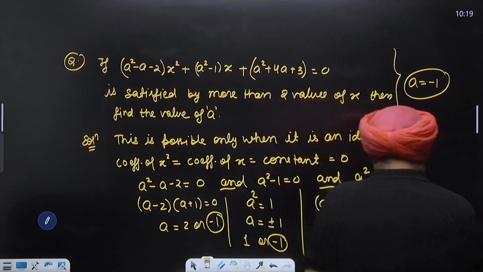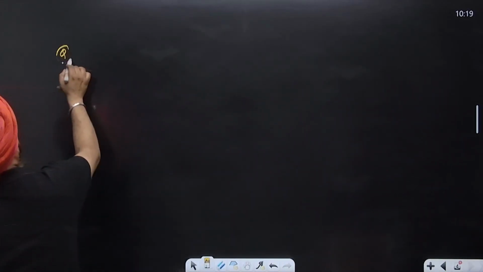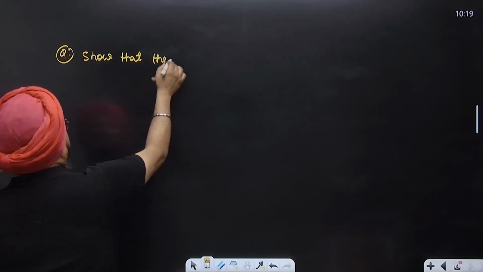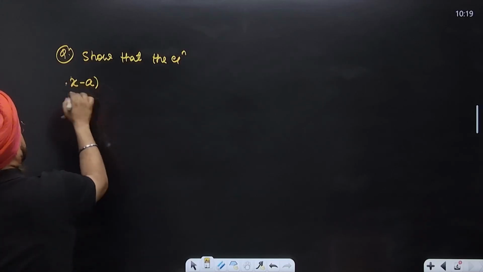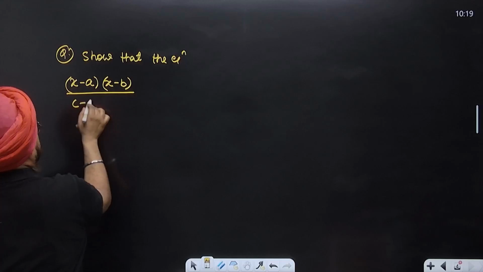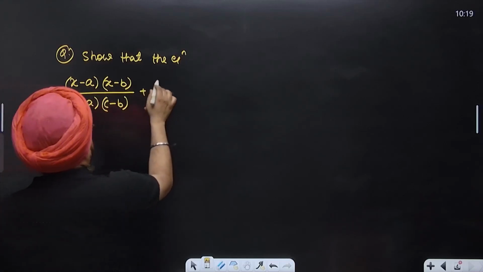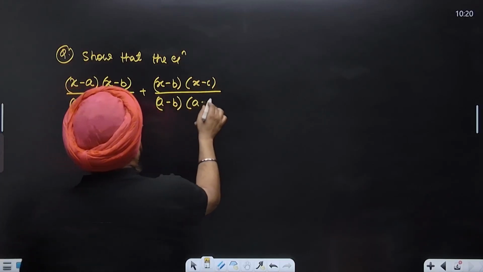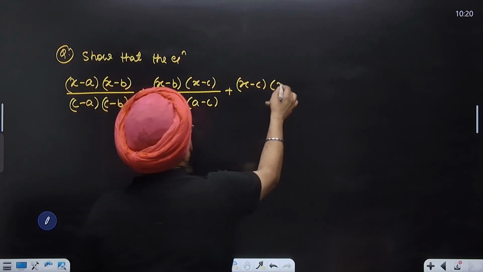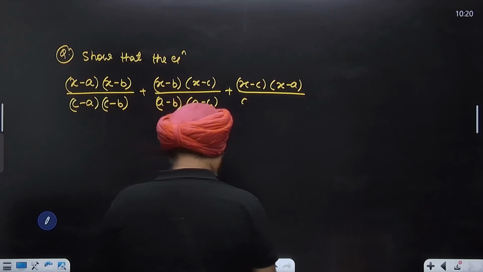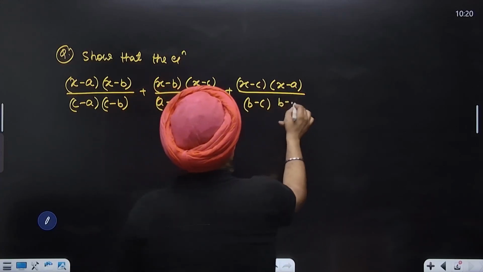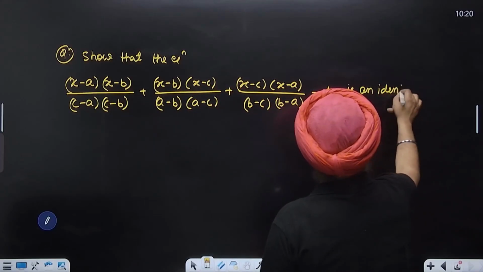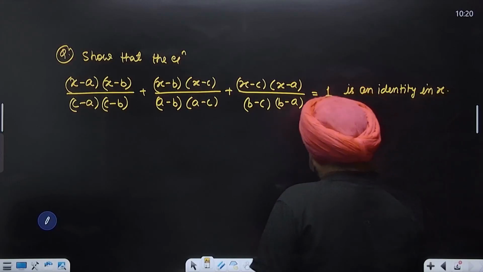Let's see one more problem. Show that the equation is equal to 1 is an identity in x.